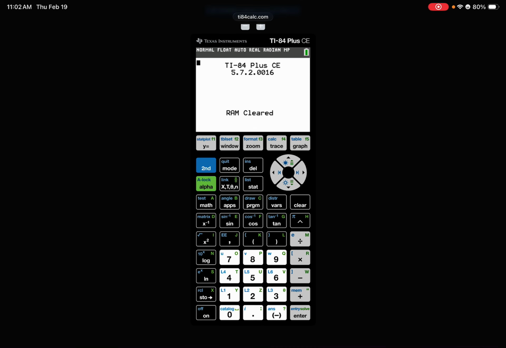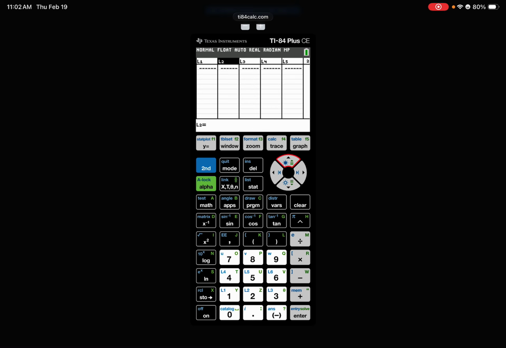The way that we do that, we're going to press stat and choose number 1, edit. I'm going to enter all of my reading scores into one of these lists. Let's do L1. And then I'm going to enter all of my writing scores into L2. So my reading scores, we had 57 and 44 and 47 and 63.